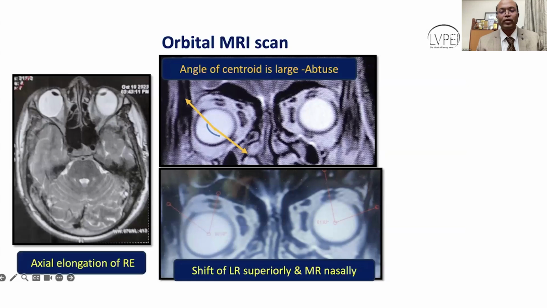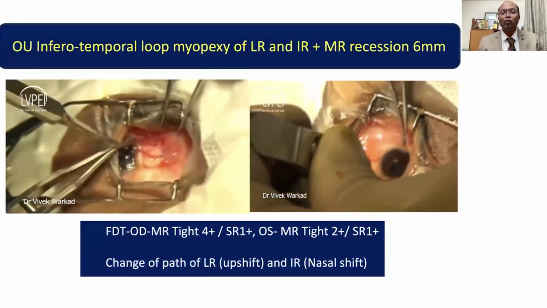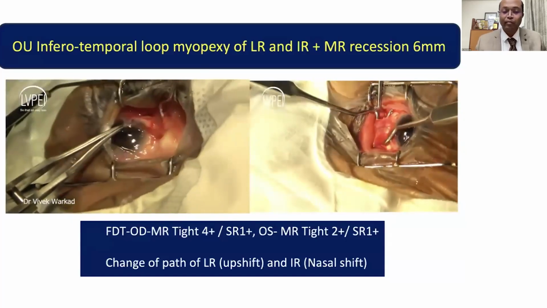Once we know that there is a shift of LR and IR superiorly and nasally respectively, we can plan to go ahead with doing the loop myopexy in the inferotemporal quadrant.